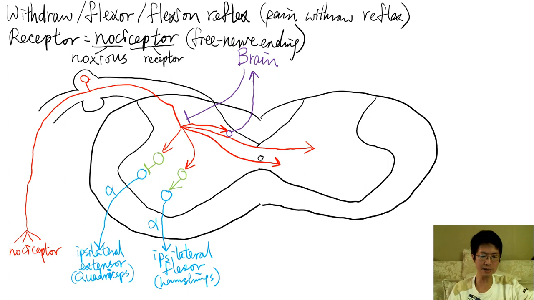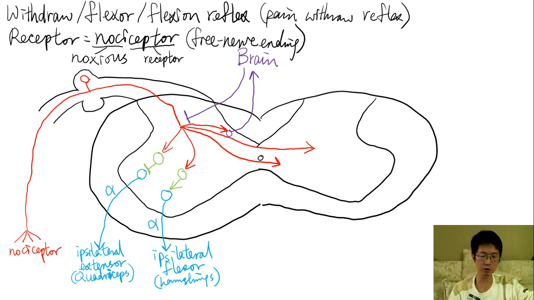And when the EPSPs summate, temporal and spatial summation, then you will trigger an action potential that travels along this alpha motor neuron. Then the action potential will go through the neuromuscular junction, and it causes this flexor hamstring to contract.